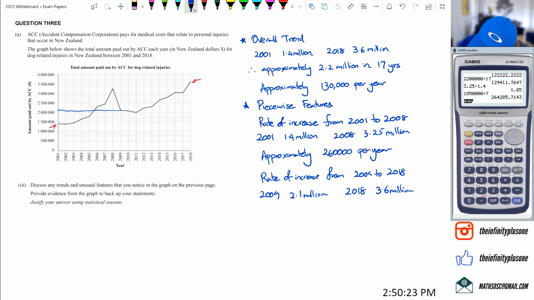So what have we got? 3.6 minus 2.1 is 1.5 million in 9 years.